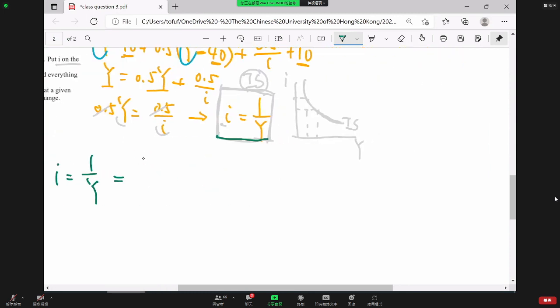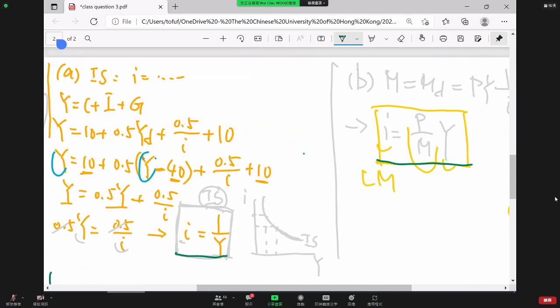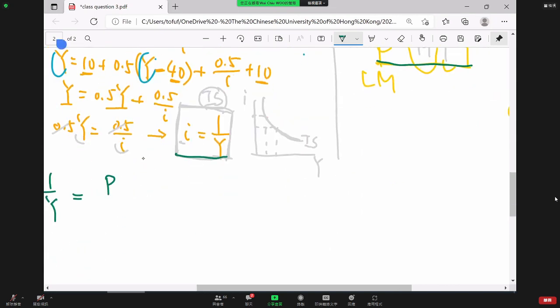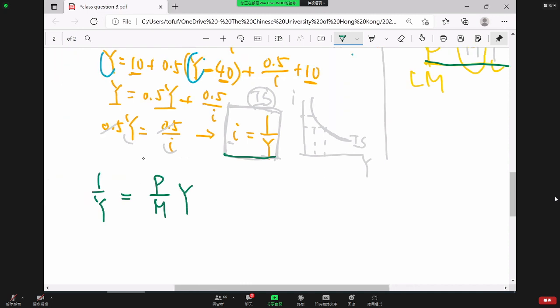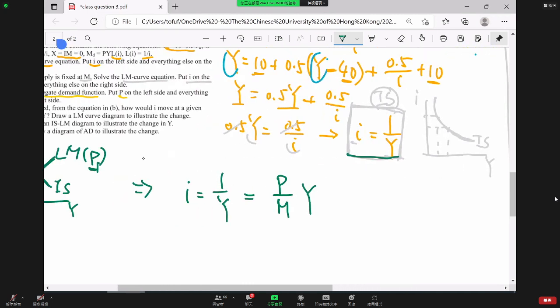And LM is this, right? They are all equal to the same interest rate. Then this should be what AD is about. For this, basically, that is what we want, right? Because AD is a relationship between price and Y. So you don't need to care about the interest rate. Just looking at this part is already enough.